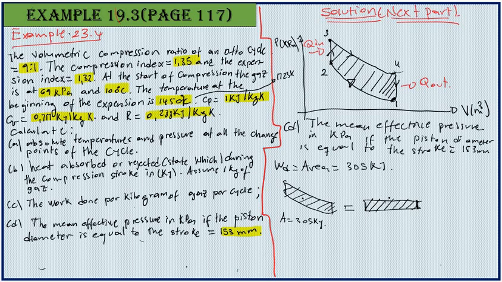It means on this process we can say that we have the pressure which is constant. So we say we have 1, 2, 3 and 4. So the mean pressure is basically the pressure from 3 to 4.